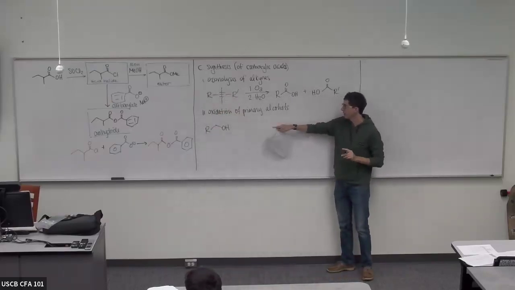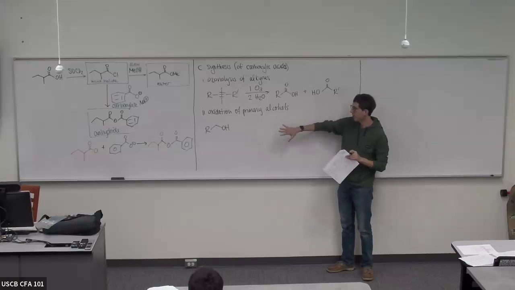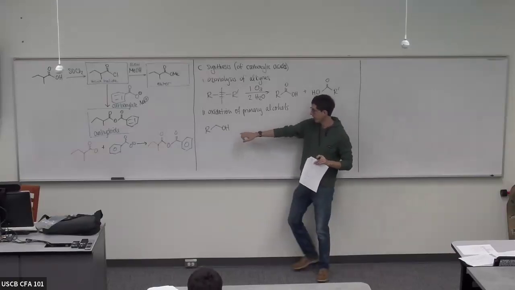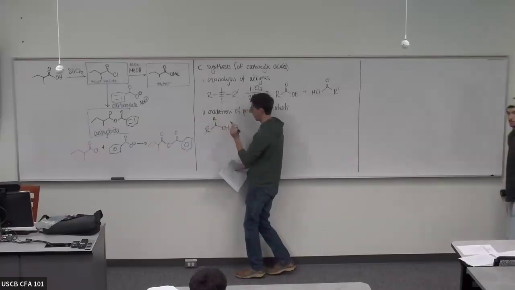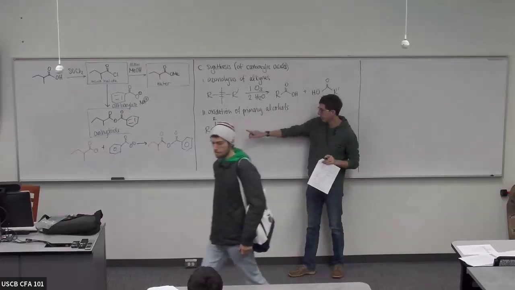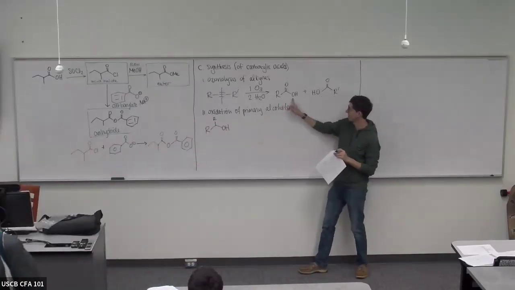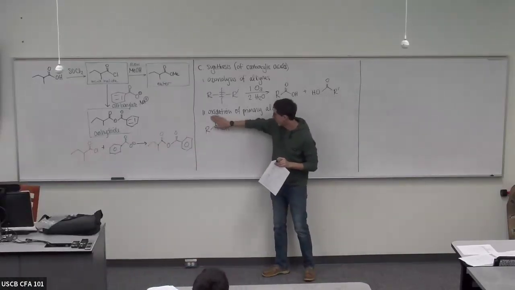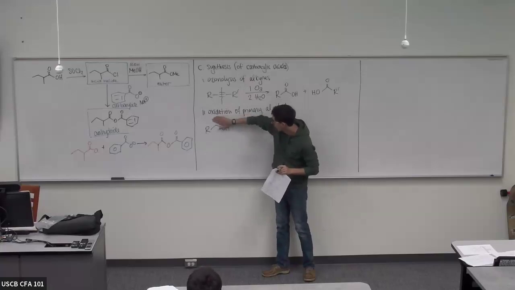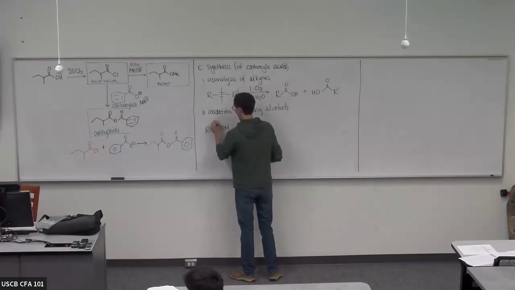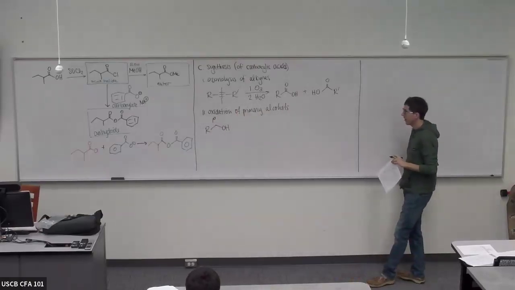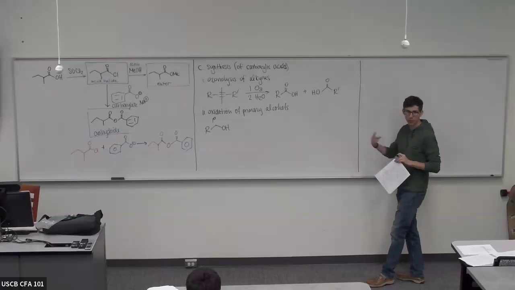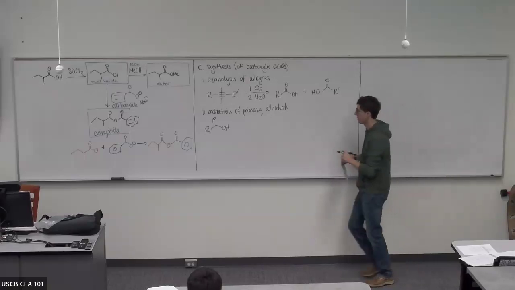If we have a secondary or tertiary alcohol, like if we had this kind of thing going on, there's too much stuff on that carbon to oxidize it to a carboxylic acid. So we're going to need a primary alcohol.